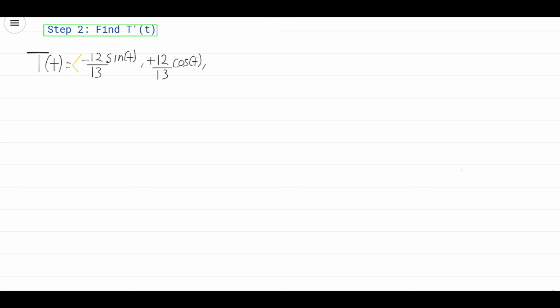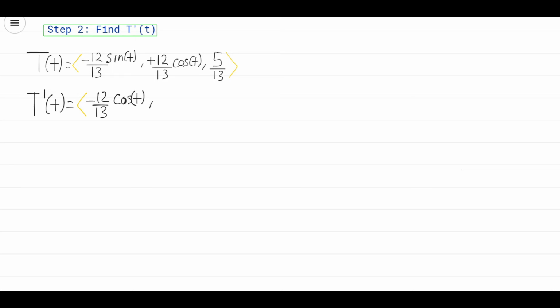Now that we have our unit tangent vector, for step 2 we're going to find its derivative, capital T prime. The unit tangent vector we computed was negative 12 over 13 sine t, positive 12 over 13 cosine of t, and then 5 over 13. When we take the derivative, the derivative of negative sine is negative cosine times the constant, 12 over 13.